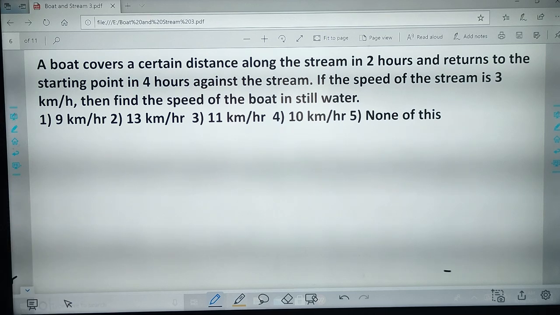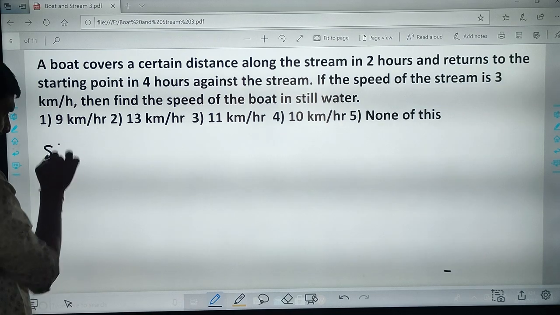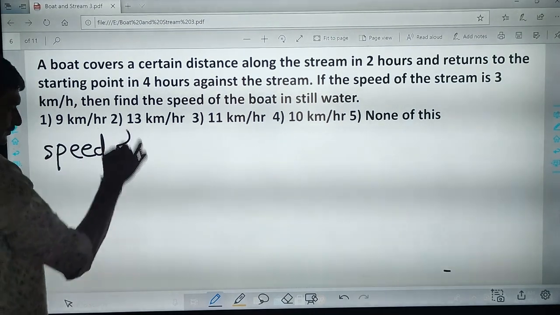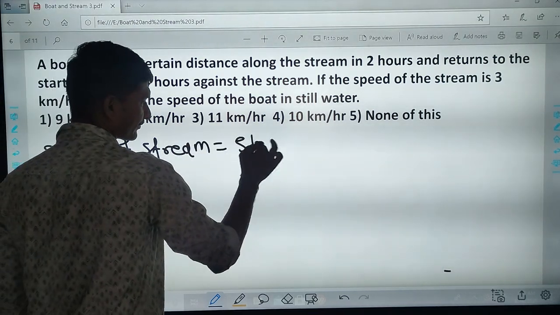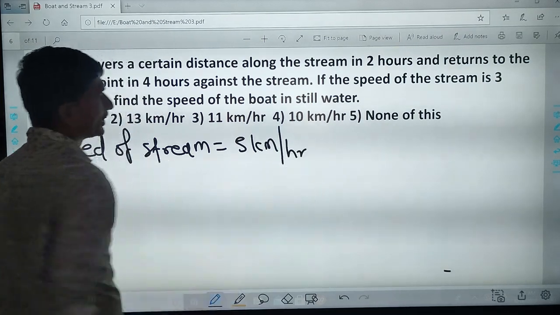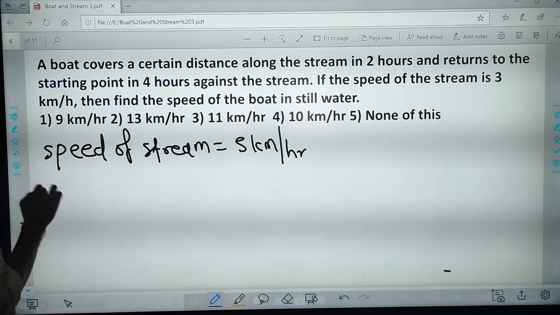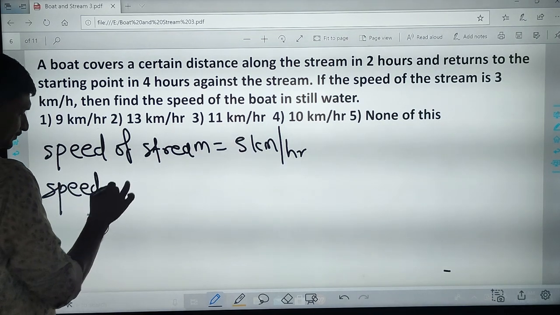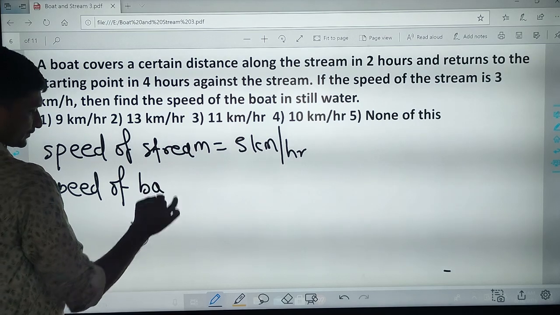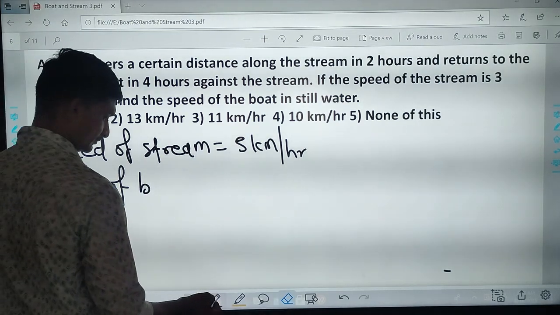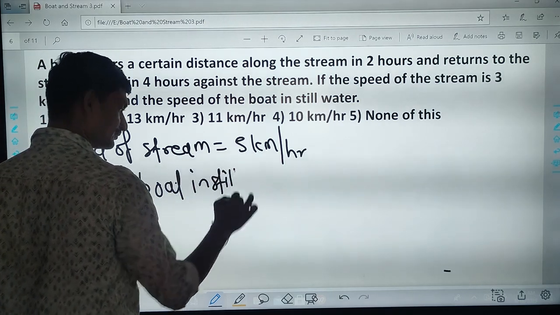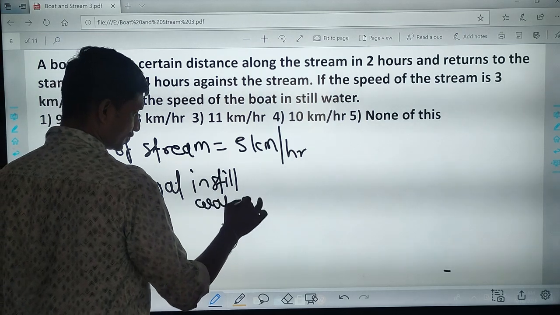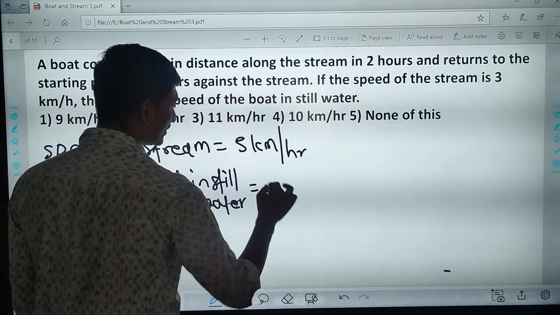Here, firstly, the speed of the stream is given as 3 km per hour. Let the speed of the boat in still water be x.